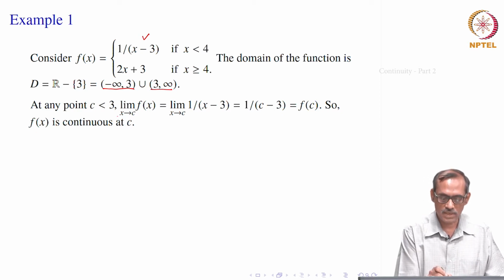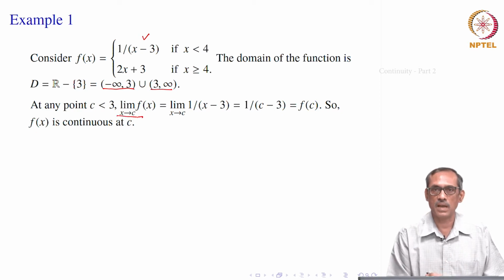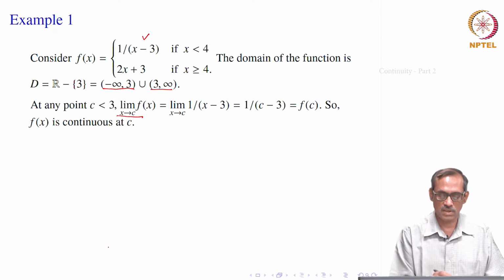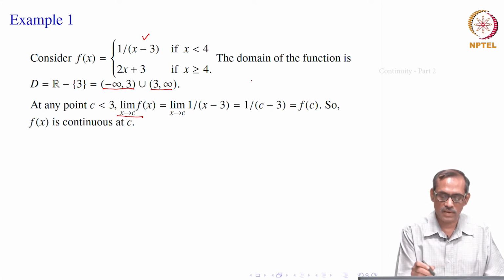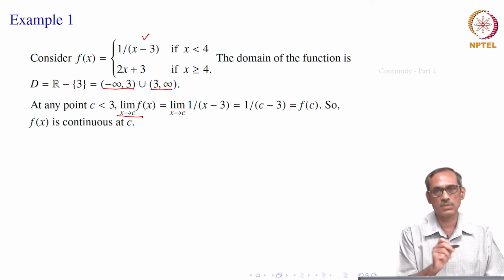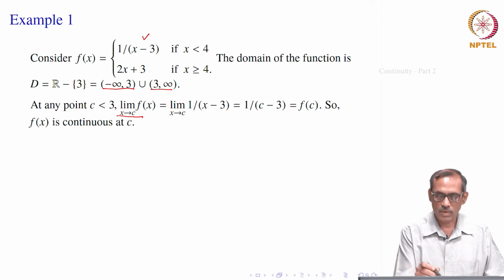So, it is not only one sided, both sided limits are there. So, the notion of limit as x goes to C is meaningful here, right, if C is less than 3. Even at C equal to 3, both the sides are meaningful. So, once we take C less than 3, the first one is applicable, it is an interior point of minus infinity to 3. Then we take the limit of f of x as x goes to C. But the first one is applicable.